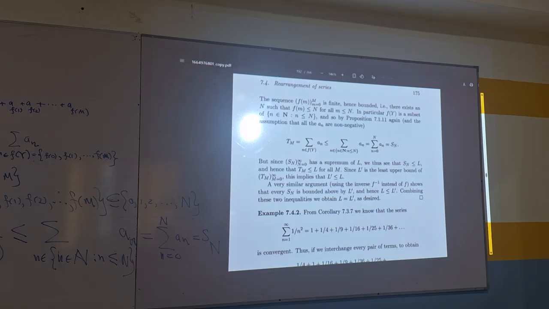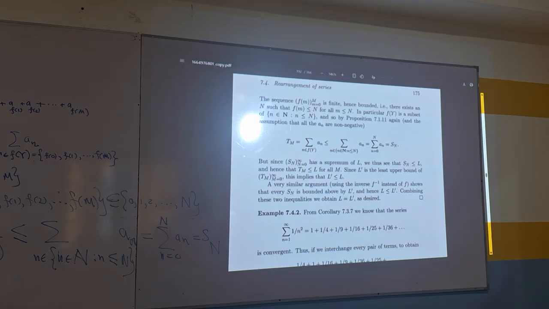He says now a very similar argument using the F inverse. If F is a bijection, F inverse is also a bijection. Instead of F, it shows that every Sn is bounded above by L dash.